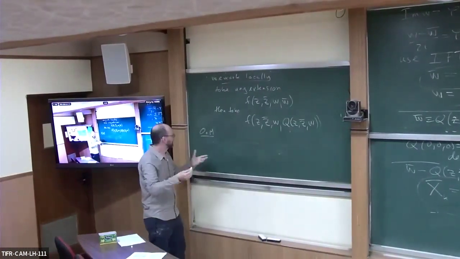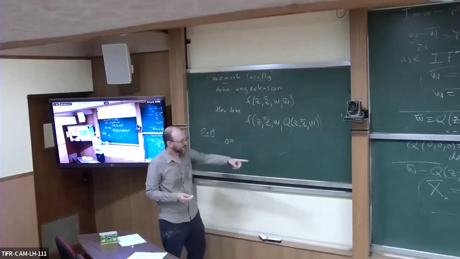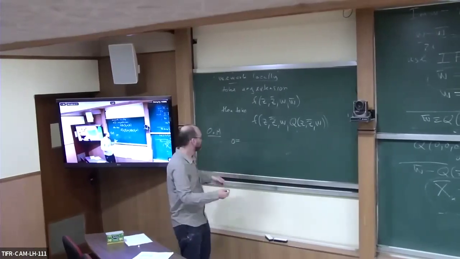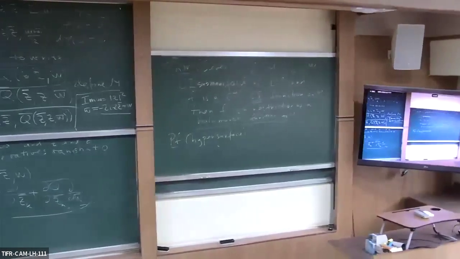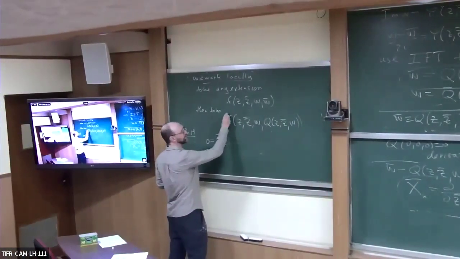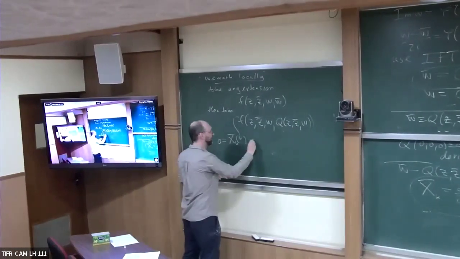Not elsewhere, but on M, we have 0 because it's a CR function. So if I hit it with x bar k, it's 0, right? So maybe this thing, whatever this function is. Instead of giving it a name, I'll just say this thing.